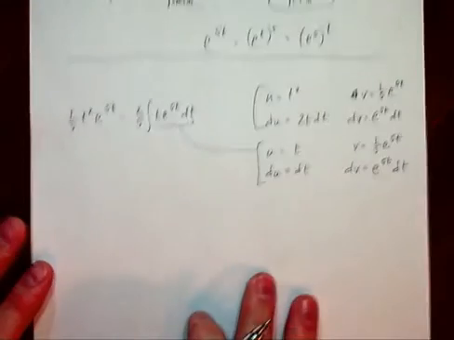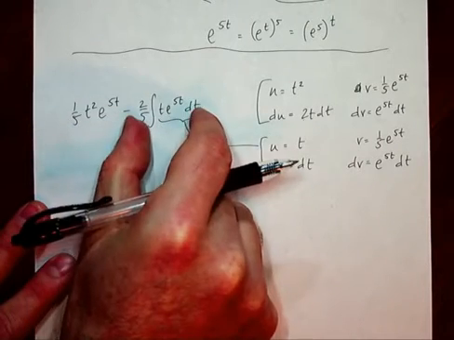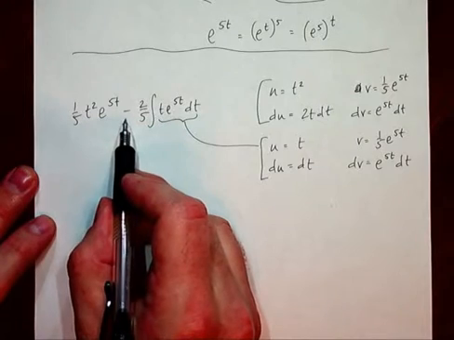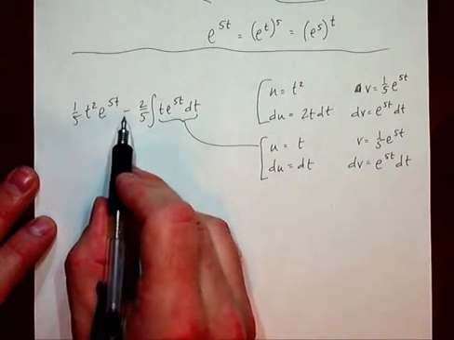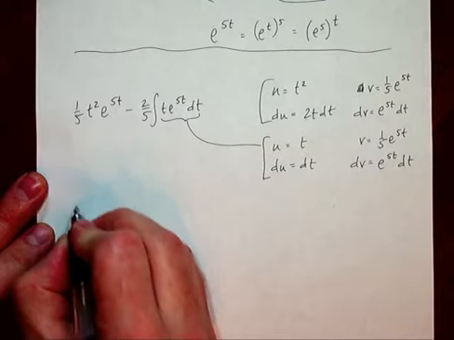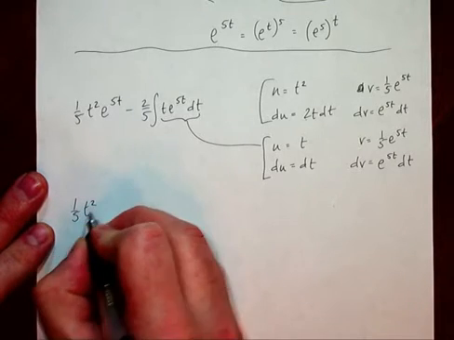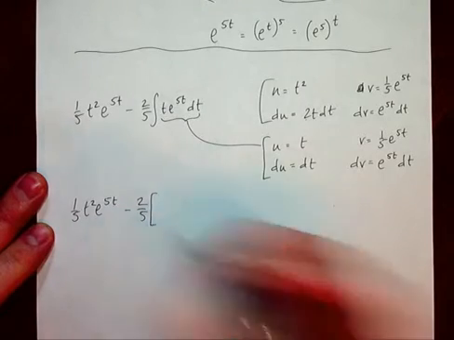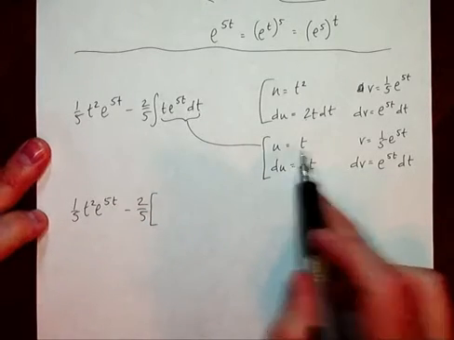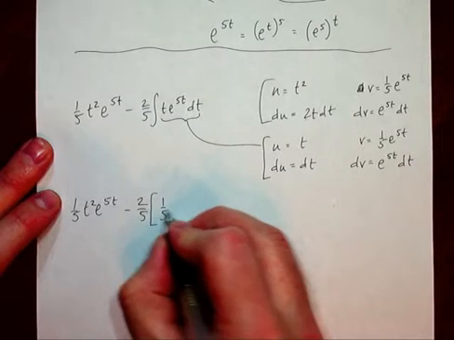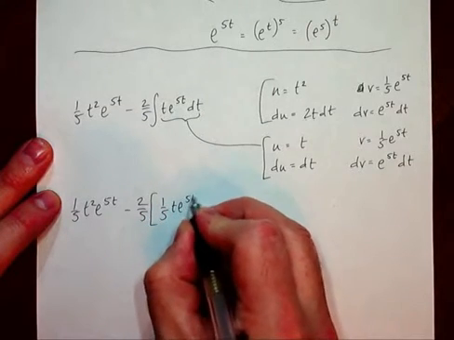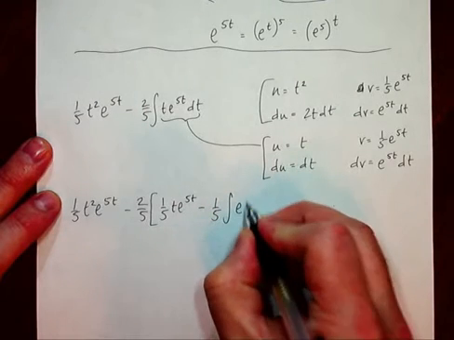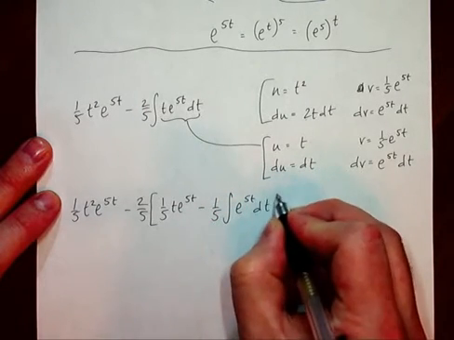Now remember that this is going to become a difference, and we need to put parentheses or brackets or something around it to ensure that we distribute this negative. So we have 1/5 t squared e to the 5t minus 2/5, and of course I need uv, so that's going to be 1/5 t e to the 5t minus 1/5 integral e to the 5t dt.